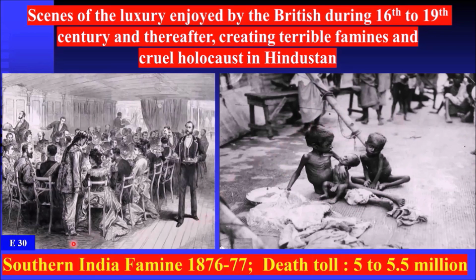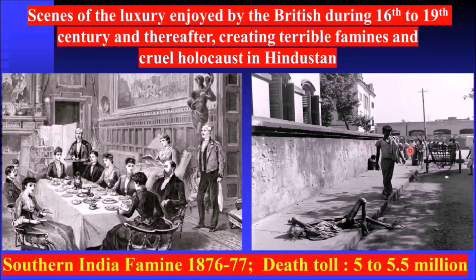This is a scene of the Southern India famine of 1876, in which the death toll was 5 to 5.5 million. Watch these terrible scenes and contemporarily the exaggerated luxury looting the wealth of these people and turning them to this terrible situation.